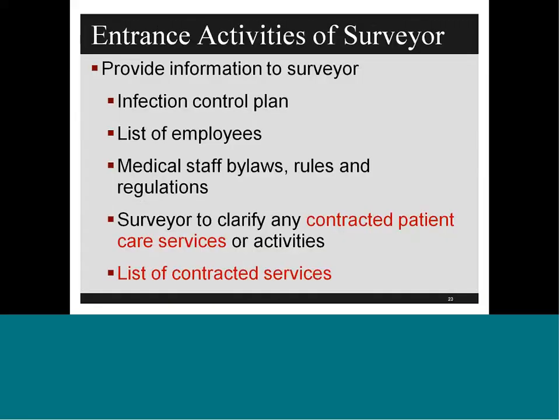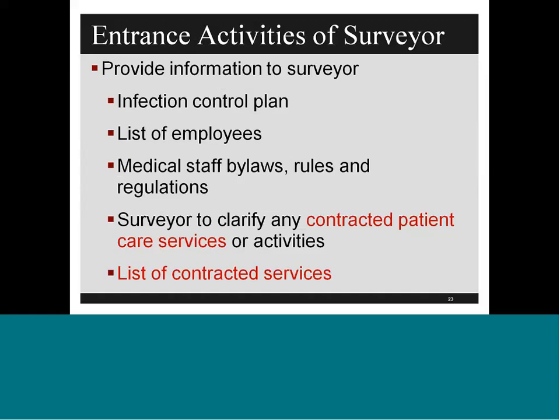Before we even get to the tag numbers or section numbers, at the beginning, during the entrance activity when the surveyor first comes to the hospital, they tell the surveyor to clarify and ask, okay, hospital, what contracted services are you sending out? And also to make sure that you have a list of the contracted services. You want to have a list and you want to have them all in one place.